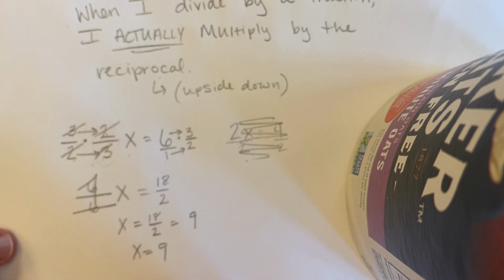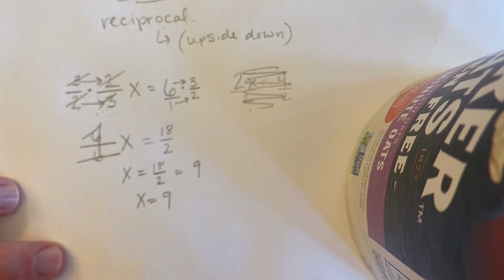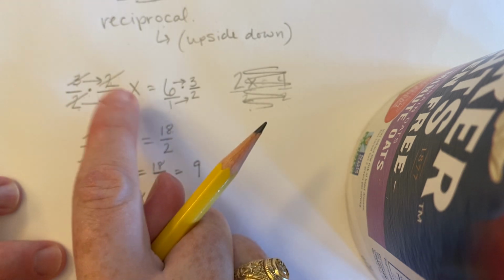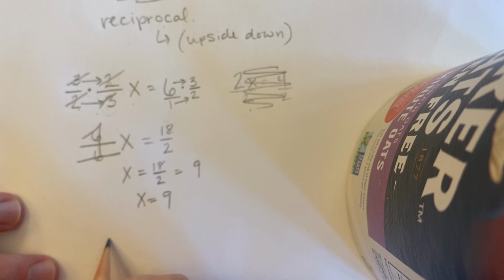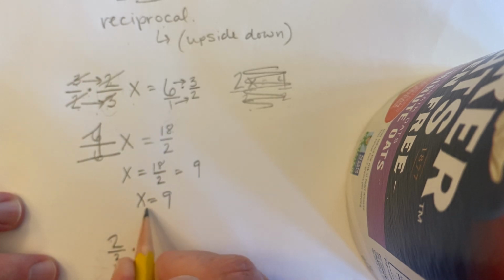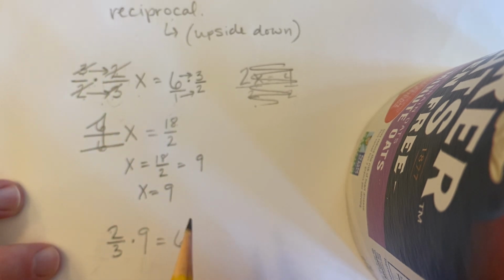Now let's check it. That means I need to plug 9 back into my original equation in place of x, and I should get the same answer. So 2/3 of x, which is 9, should equal 6. We're going to see if it works.